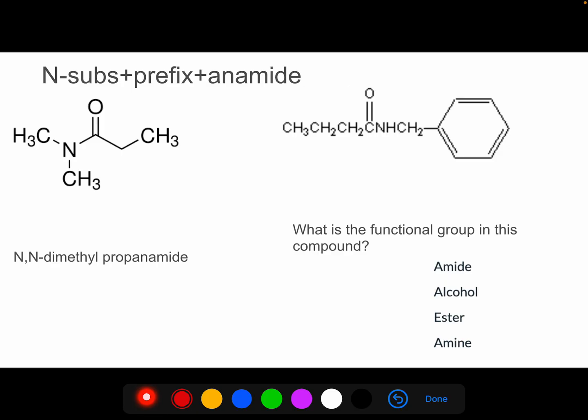Okay, so let's look and name one of the amides now. This is a carbonyl carbon. On one side of the carbonyl carbon, I have a nitrogen, so that makes it an amide. First thing, when I name, I am going to say what is located on the nitrogen.